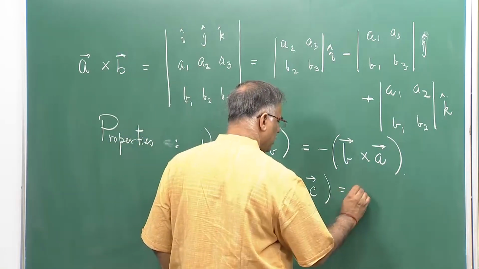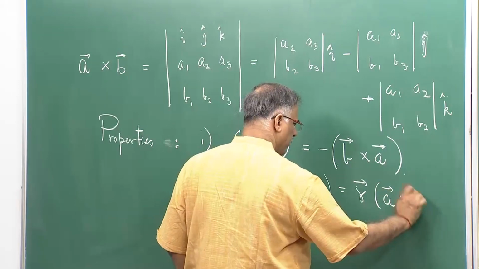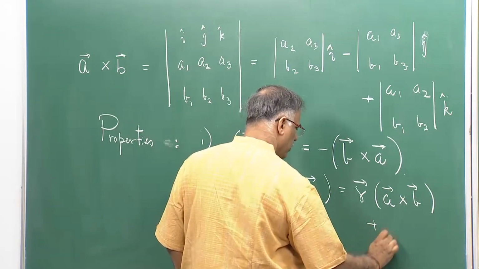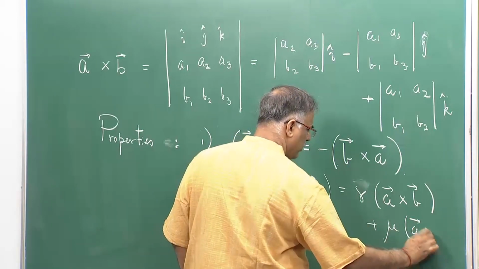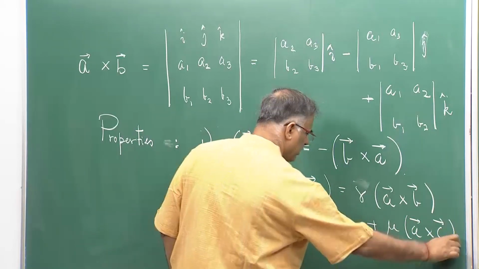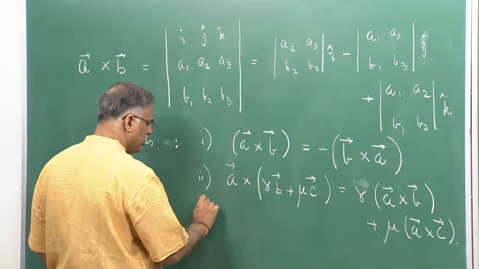This is nothing but gamma of A cross B plus mu of A cross C. Gamma is a real number. So, this is what you will have, this is a property: distribution of multiplication over addition.